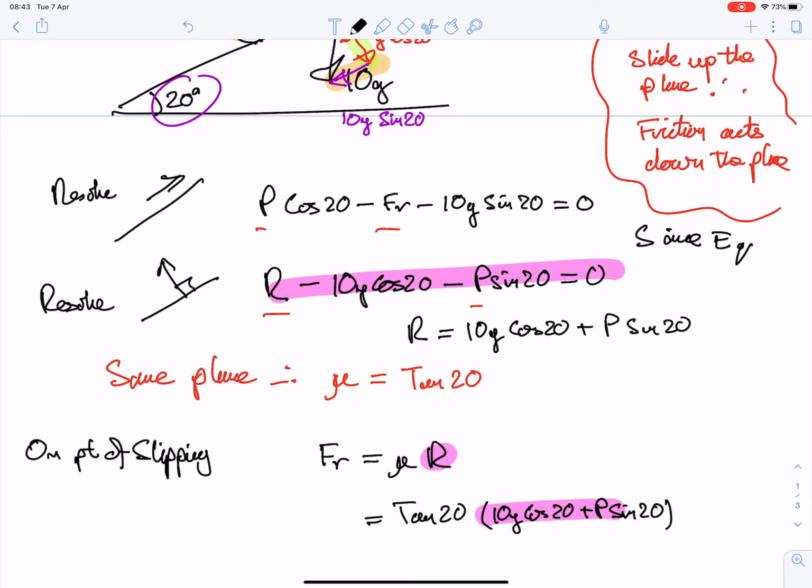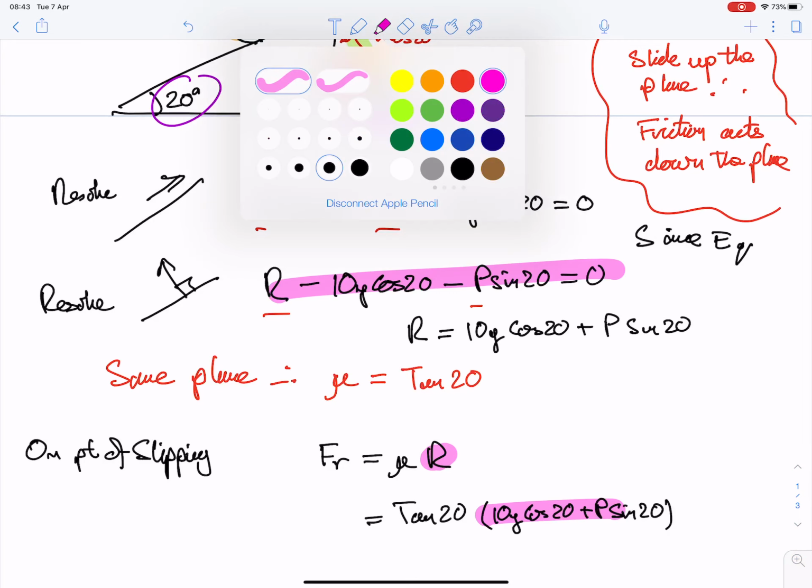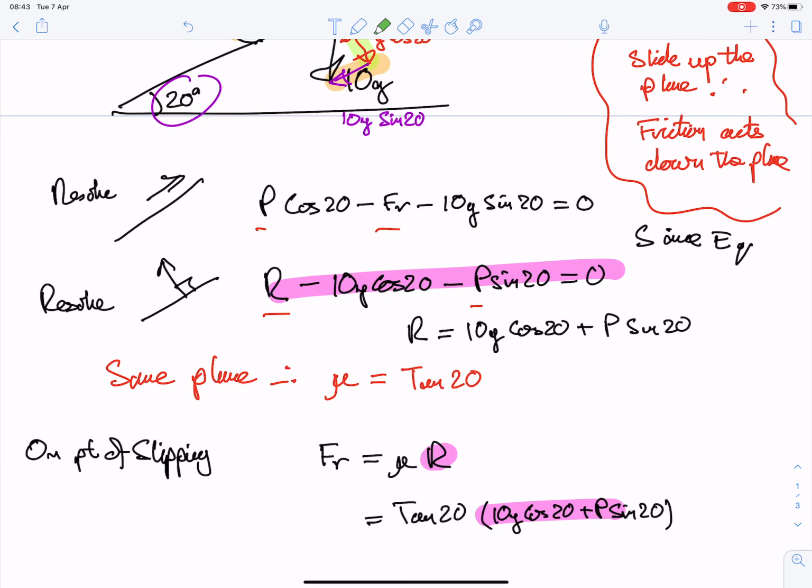Friction we're going to be able to take from here somewhere. Yeah, we're going to be able to take it from this equation, so we can work out friction. Adding friction across, friction is equal to P cos of 20 minus 10g sine of 20.